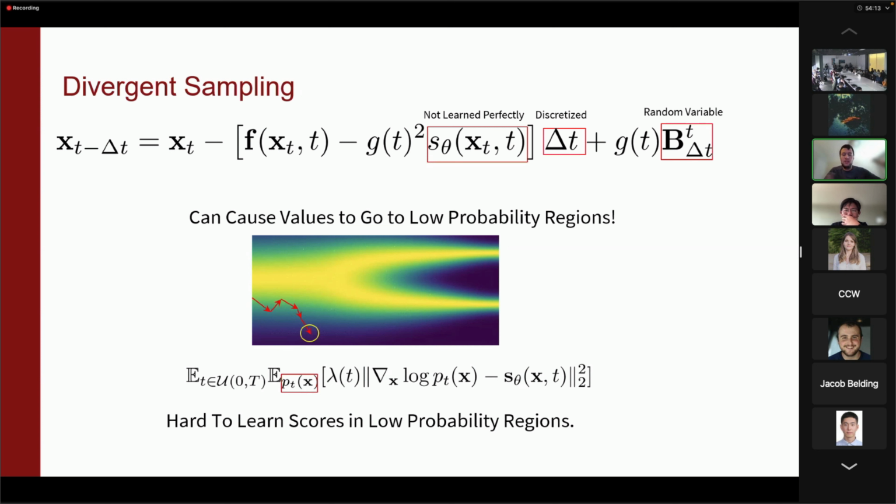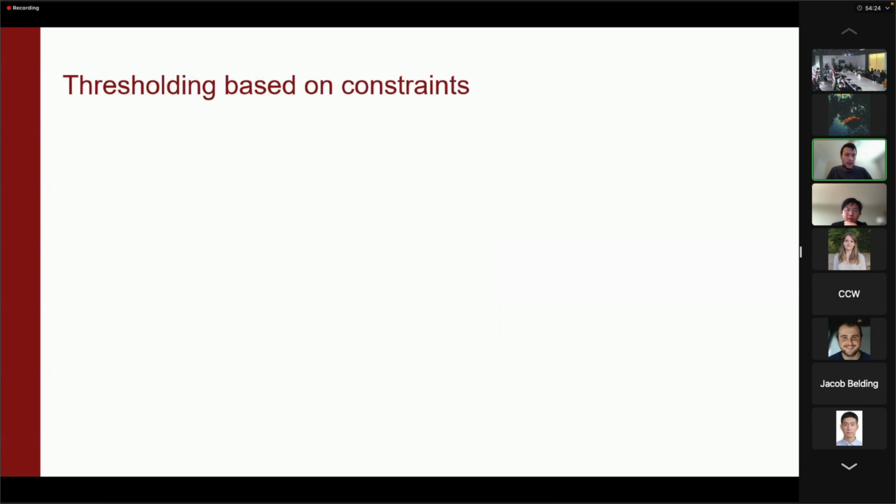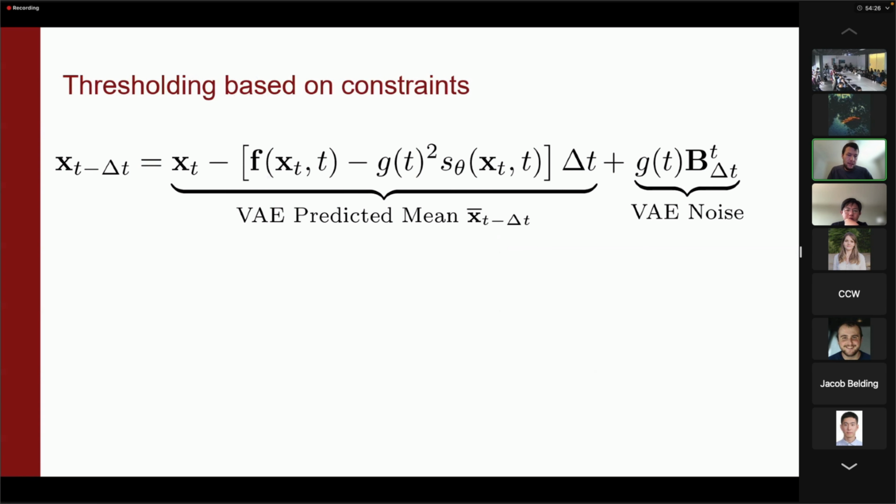So the question is, is there a way to constrain the sampling procedure to stay within regions where we know that the data actually has to be? And what people do in practice is they apply some simple thresholding rules to enforce known constraints on the data.